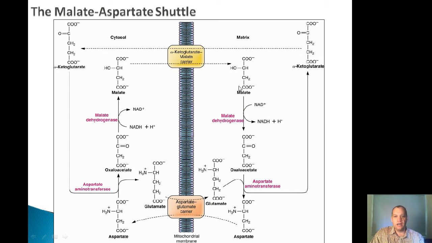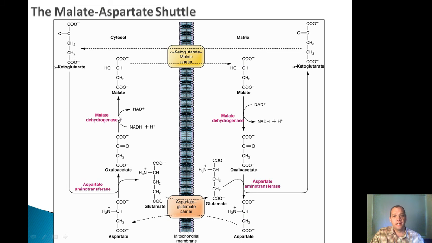So now our malate is oxidized to oxaloacetate by malate dehydrogenase. An NAD+ in the mitochondrial matrix is used. It receives the electrons, so NADH is formed, and of course that NADH is now allowed to carry those electrons into the electron transport chain from complex 1.